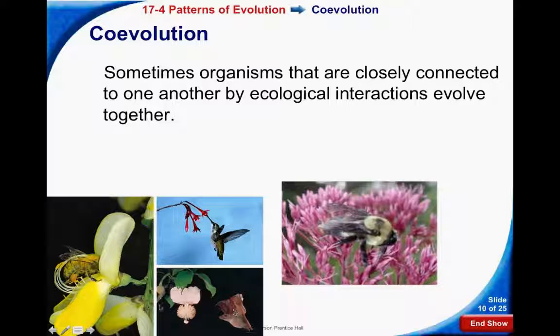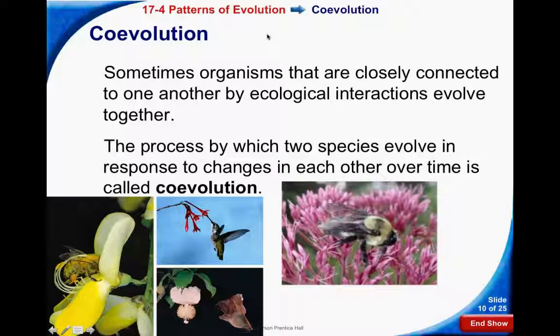Hummingbirds, bats, they've also helped plants move ahead, and the plants have helped these critters move ahead and survive. So what we say is that this is a process of coevolution. Now, there's no converging going on here. It's just they've evolved over time to exploit the help of each other.